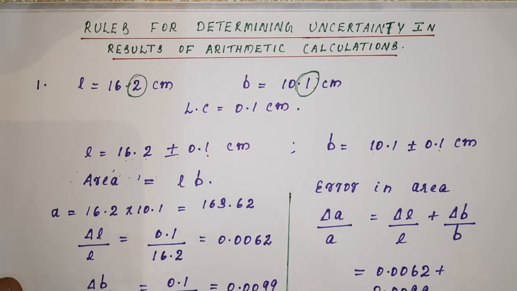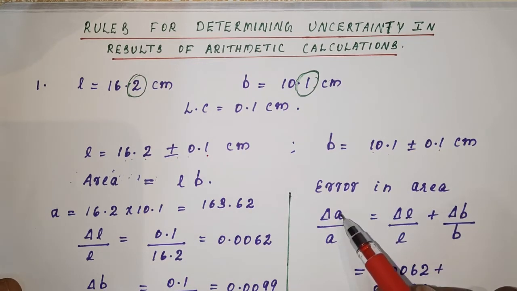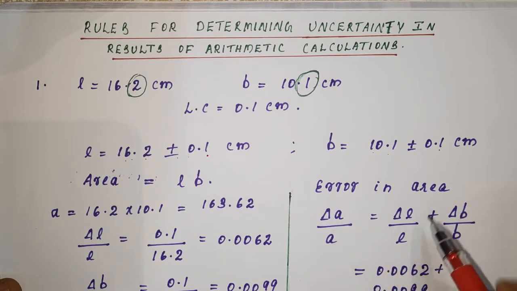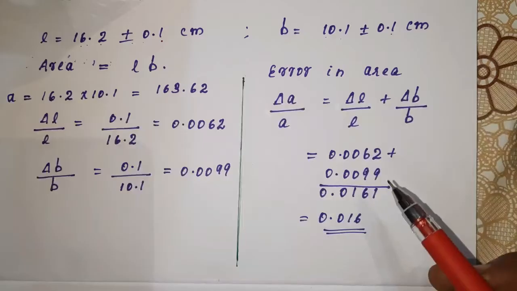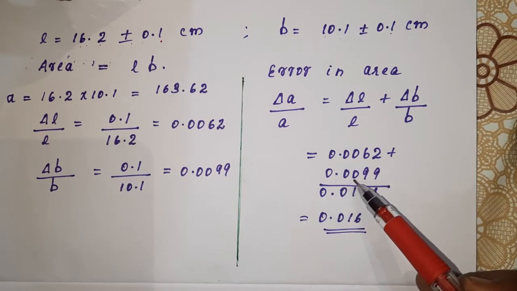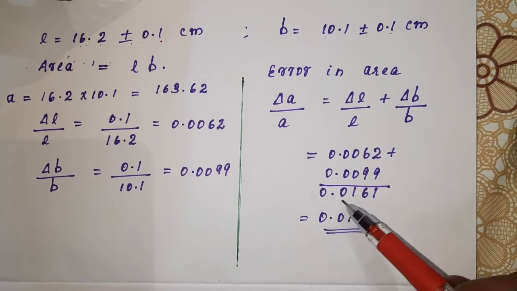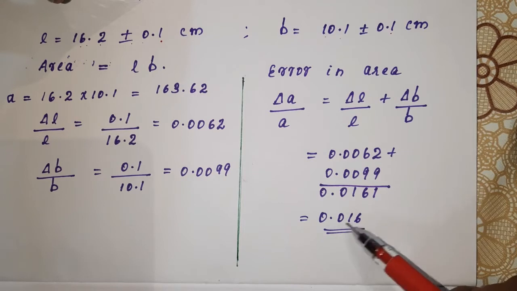Now what will be the error in area? The relative error delta A by A equals delta L by L plus delta B by B. Adding 0.0062 and 0.0099 we get 0.0161, and it is enough to write up to 0.016. That third digit we have rounded.